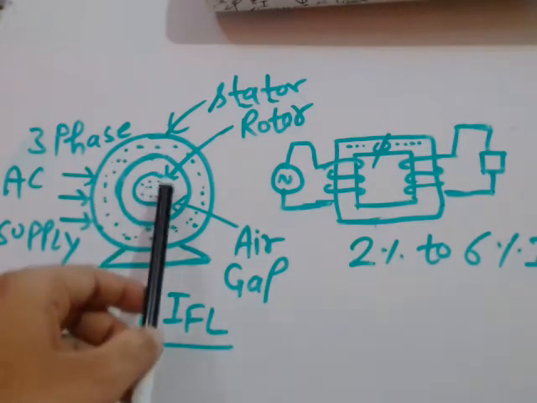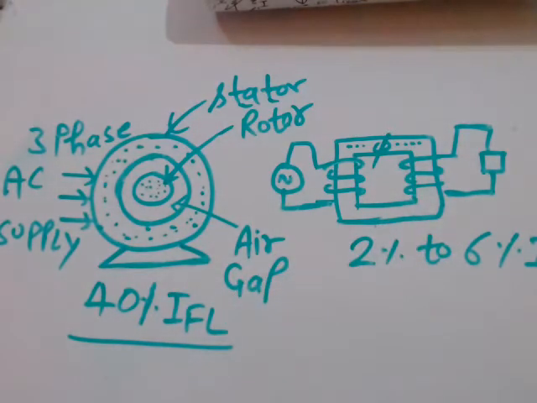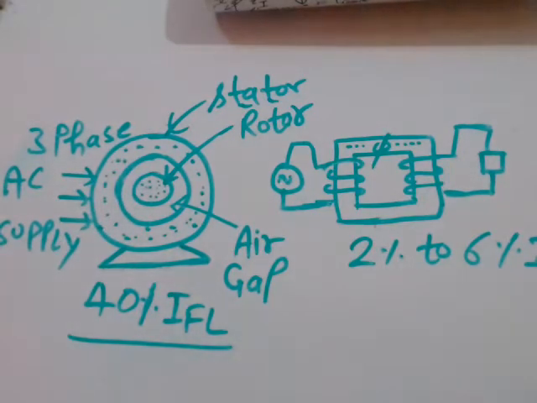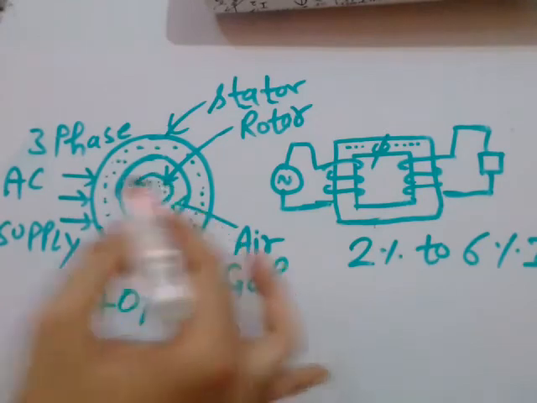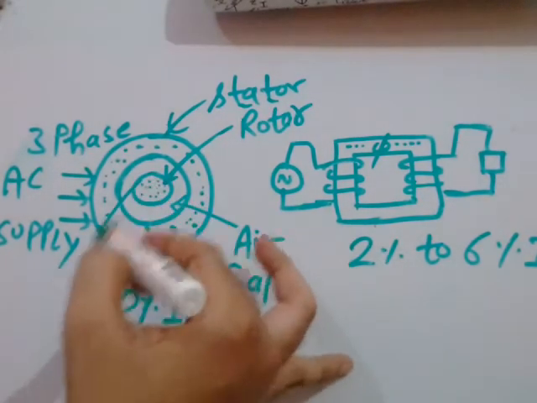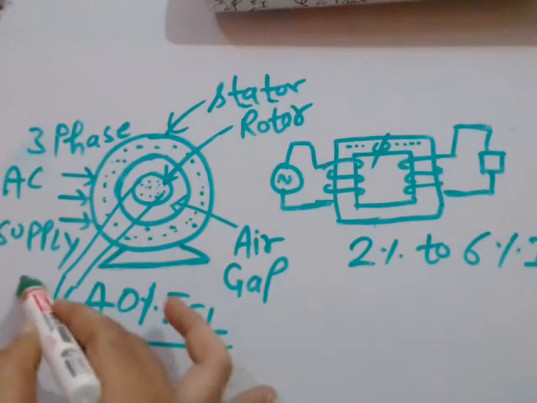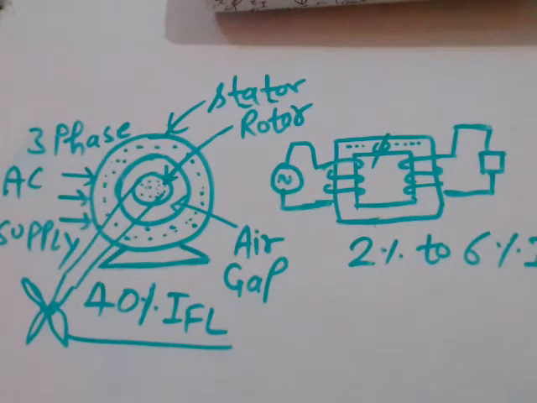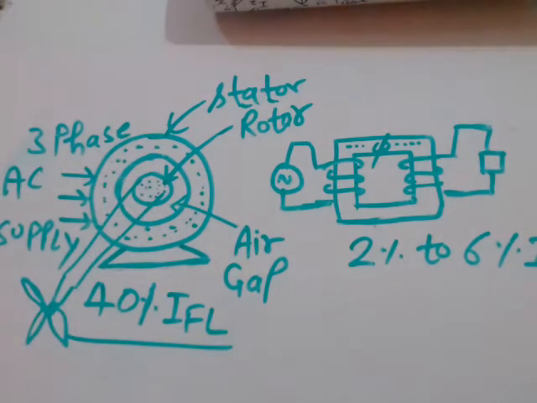The rotor winding of the three-phase induction motor is like the secondary winding of this transformer across which load is connected. Here also, across this secondary winding, that is the rotor, your mechanical load is connected.